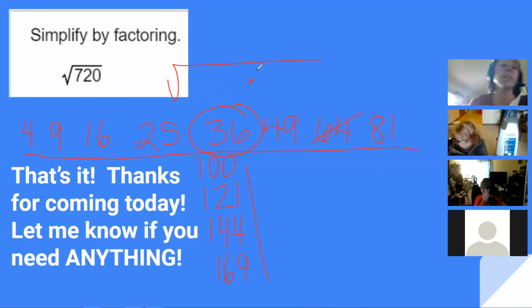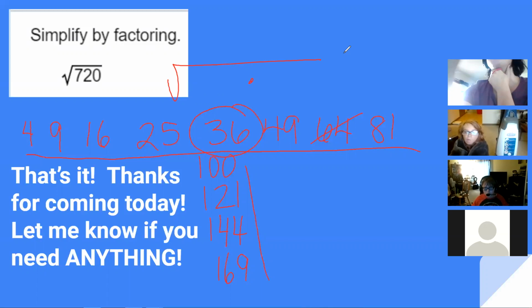So what would our answer look like? What do you guys think? The 144, let's say they took the square root of it and yanked it out, but that 5 was still left over.